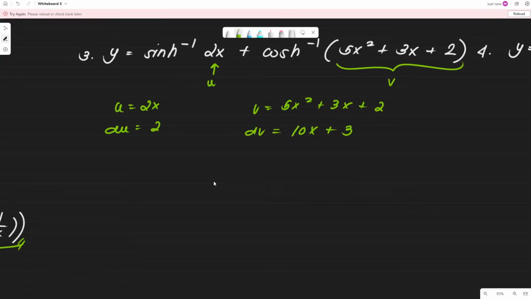Okay, so game. How are we going to deal with this? Formula lang rin. So we'll have the derivative of arc hyperbolic sine u is equal to du over square root of u squared plus 1. Lagay natin dito para hindi tayo malito.